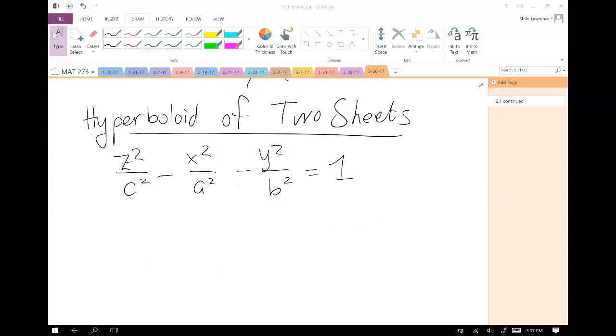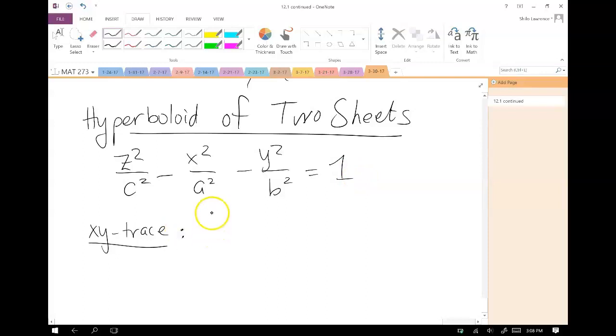The XY trace here is tricky. If we let Z equal 0, I've got negative x squared minus y squared equals positive 1. Mathematically, that doesn't even make sense. But if we let z equal a constant, we would make it equal to 2. We would subtract it over, and then it would be negative 1. And then we would multiply everything by a negative 1.